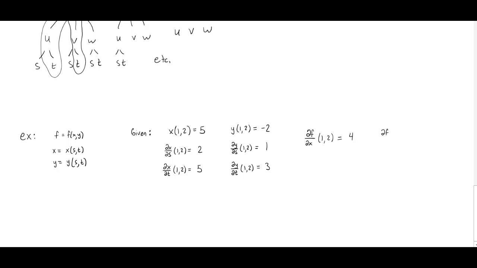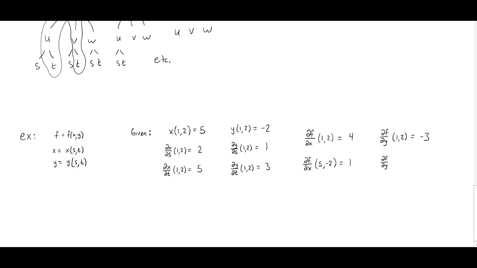Partial derivative of f with respect to y at 1, 2, let's say that's equal to negative 3. Okay. Also, partial derivative of f with respect to x at the point 5, negative 2. Let's say that's equal to 1. And the partial of f with respect to y evaluated.